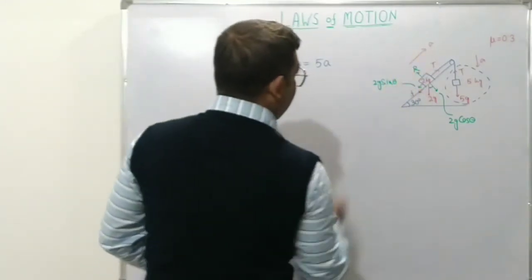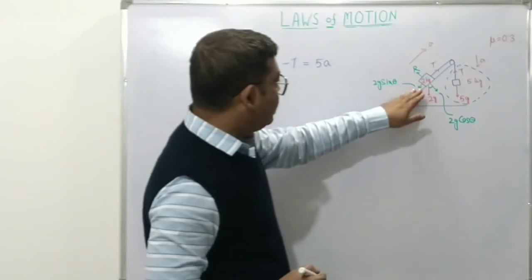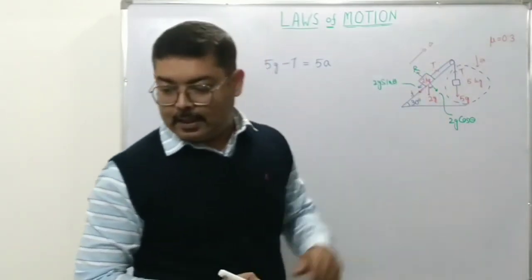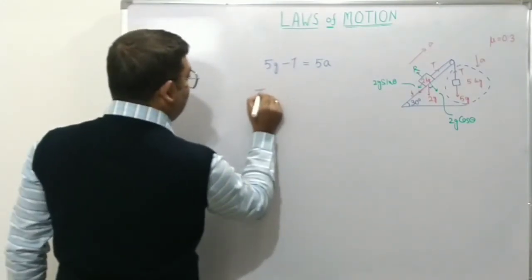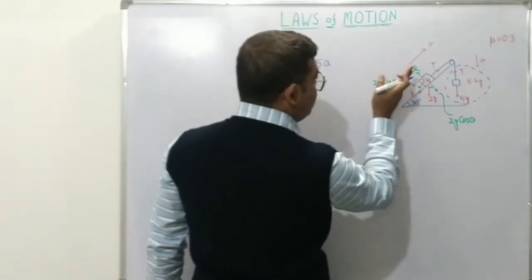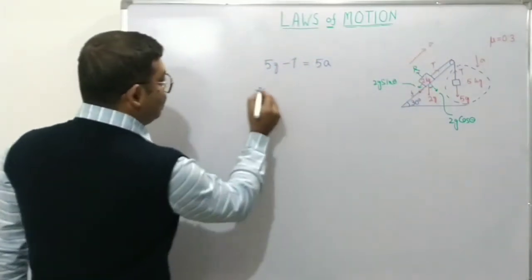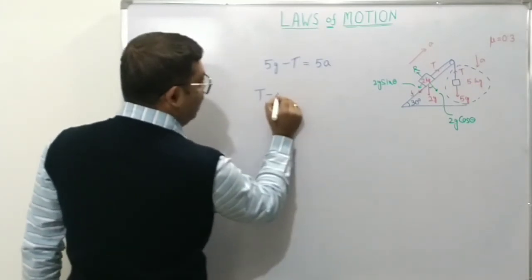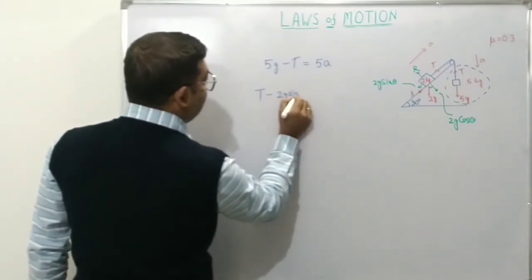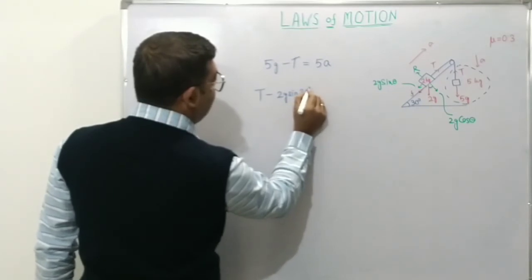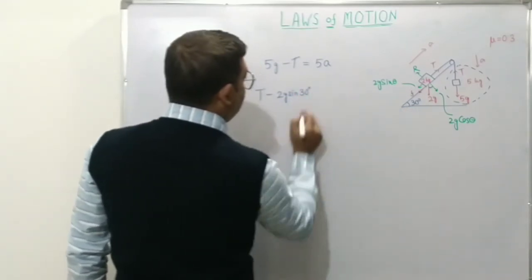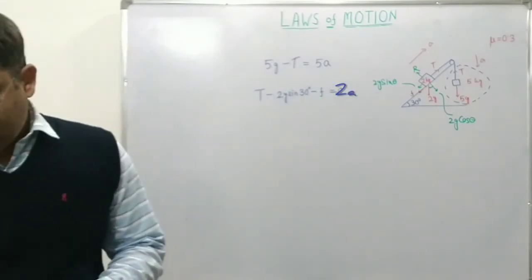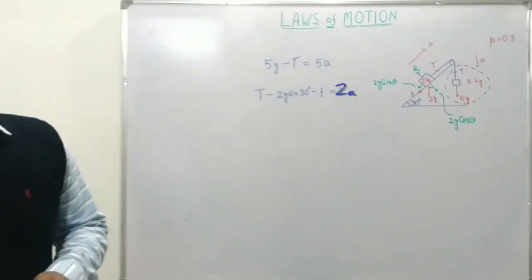Along the plane, the net force downwards is 2g sin theta plus f. The net force upwards is T. Since this object moves downwards, the other has to move upwards up the plane. So this is T minus 2g sin 30 degrees, since theta is 30 degrees, minus f, is equal to 2a. Fine.